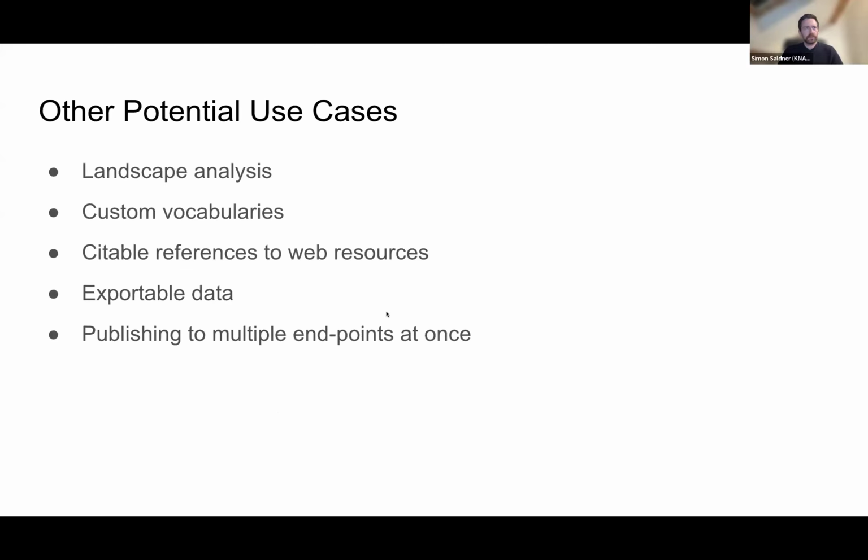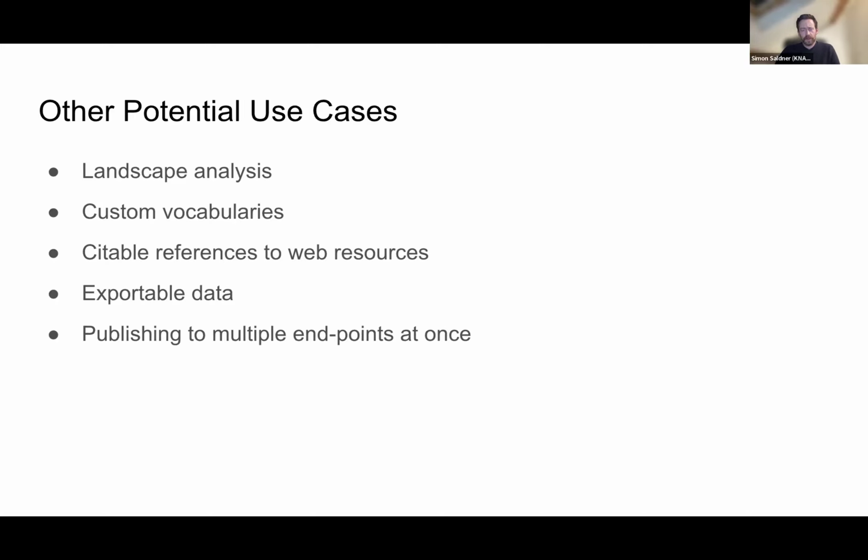Now, other potential use cases that we've looked at here. So custom vocabularies I already mentioned. We have also looked at making citable references to web resources, essentially being able to cite annotations, more granular citations, let's say.